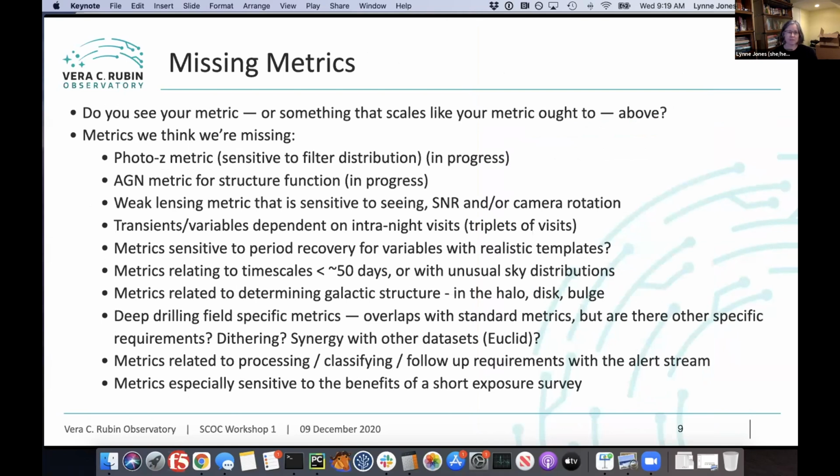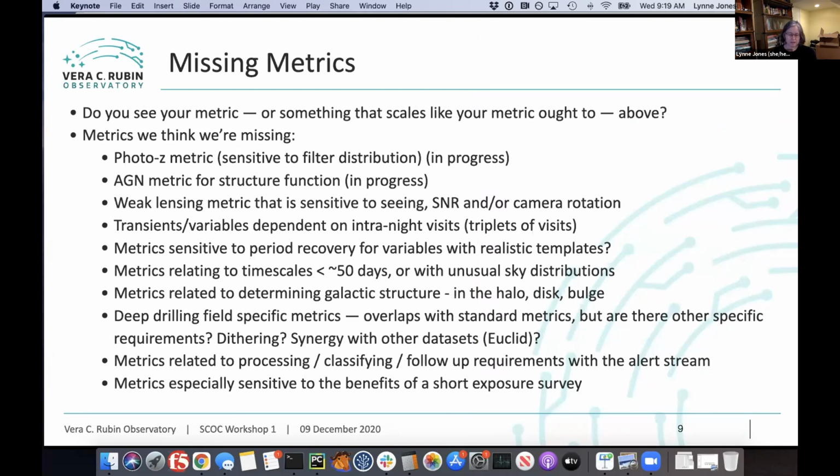So, missing metrics. Like I said, there are a lot of metrics that we haven't talked about today because we don't have very long. But if you saw your metric or something that scales like your metric up above, that's good, right? Other metrics we sort of think we're missing is a photo-z metric.